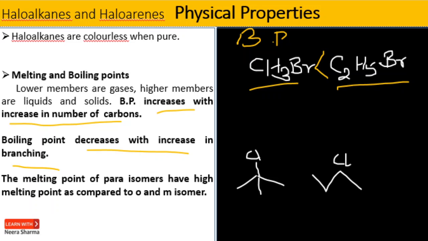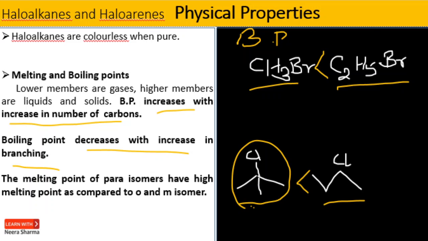If the branching is more, this is tertiary butyl chloride and this is secondary butyl chloride, the branching is more here, then the boiling point of tertiary butyl chloride will be less than that of secondary butyl chloride.